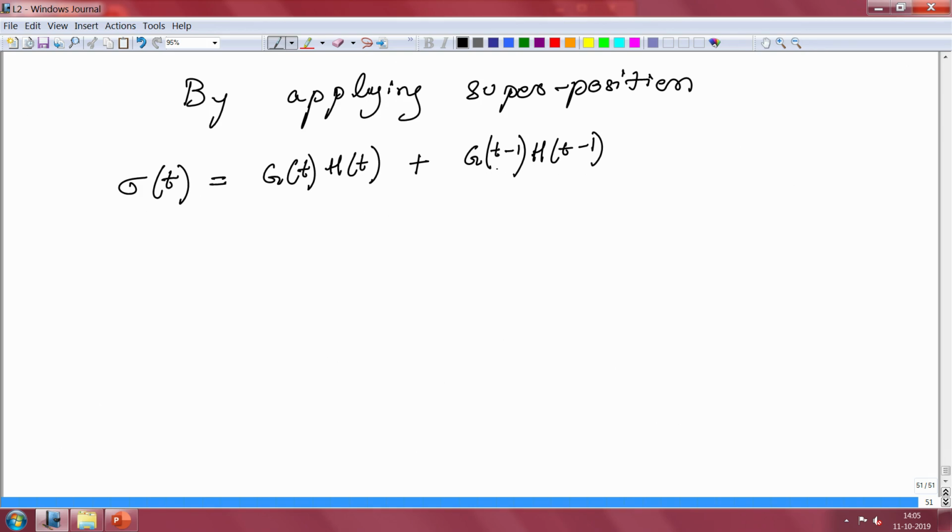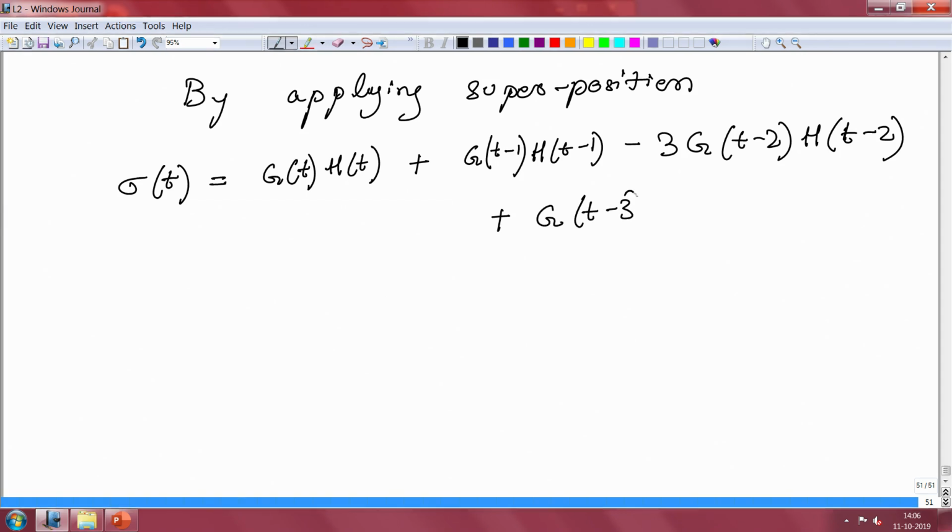So, this cannot just be g of t. This has to be g of t minus 1 to be accurate. So, similarly, you have minus 3 g of t minus 2 h of t minus 2 plus, let us just be consistent, we are first writing g's, so this is g of t minus 3 and this is h of t minus 3.